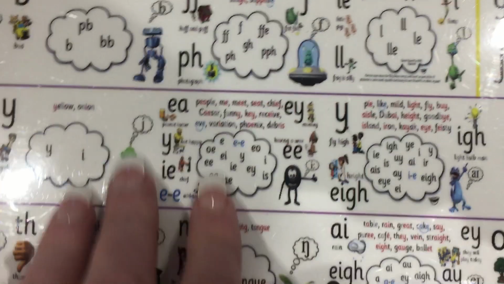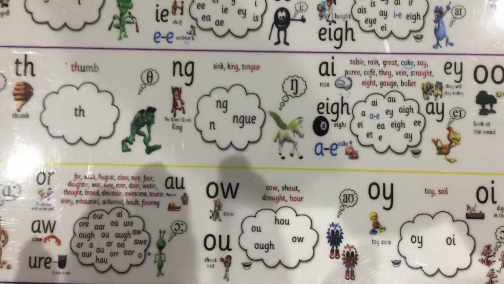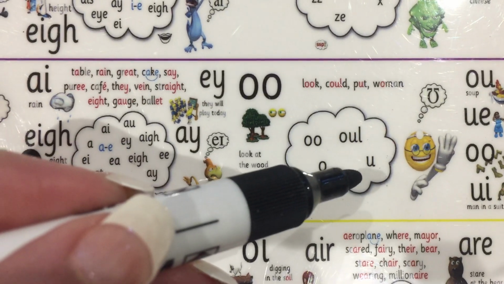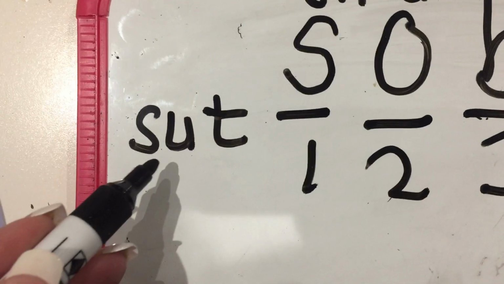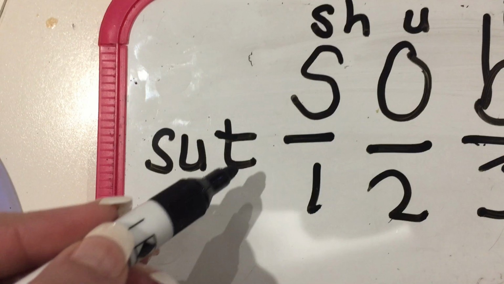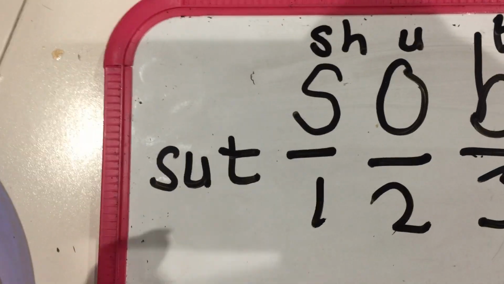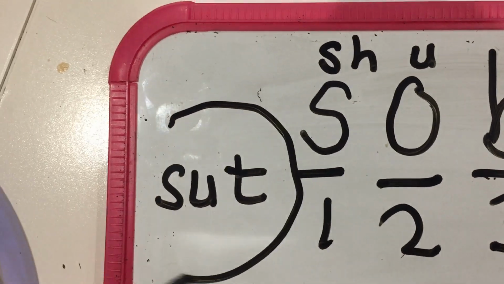They'll have looked at all the different choices that U could represent, like in 'or'. So is it short? Is that T a ch sound, like in picture? So is it shutch? It's a nonsense word, and they will love that because they will love to explore it.